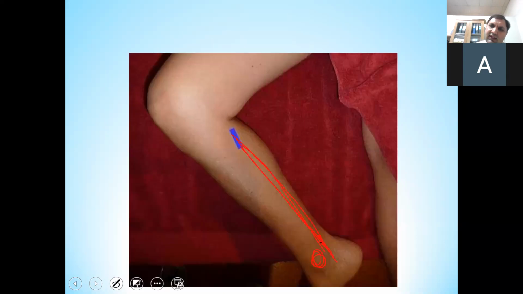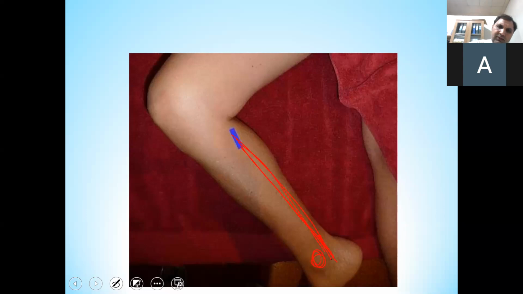So here you can evaluate it posterior to the malleolus, and you can apply gentle compression to differentiate between the veins and arteries and the patency of the veins, and to rule out any thrombus in the posterior tibial veins.